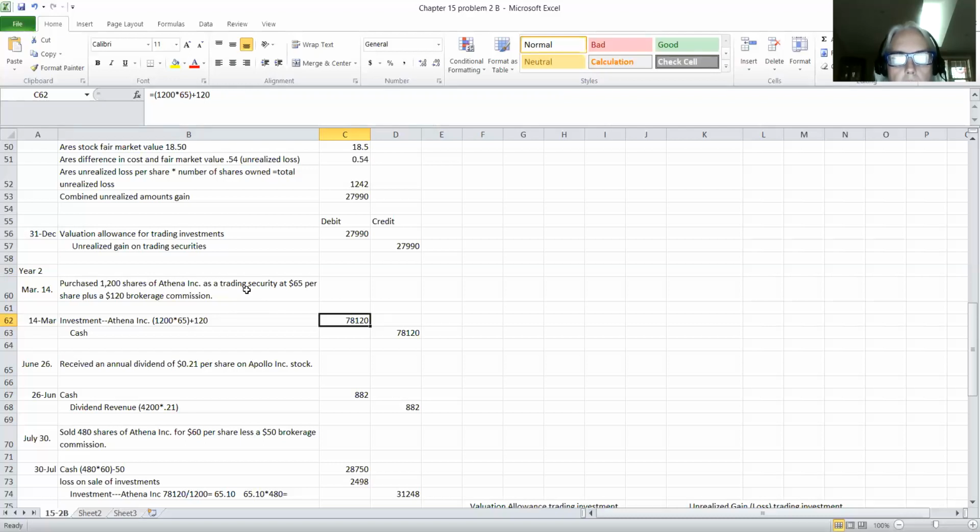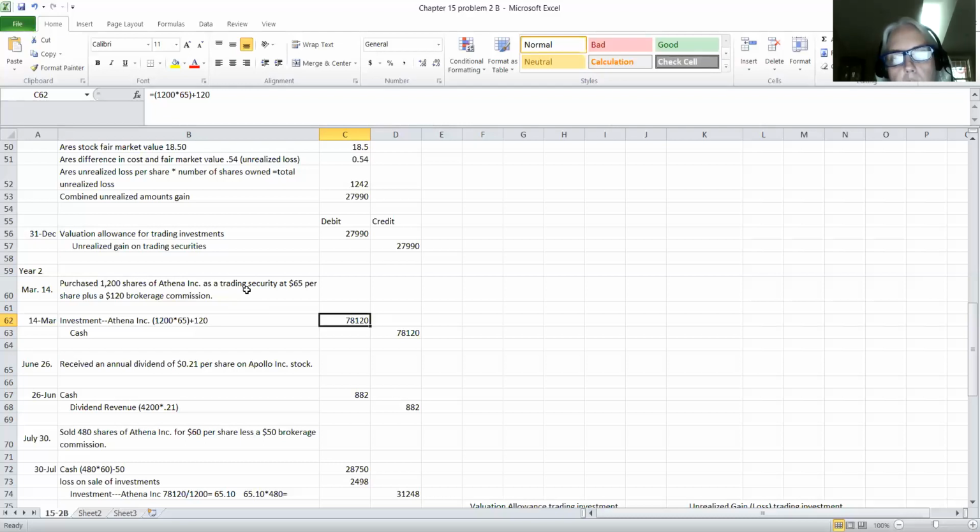If they're trading securities, we're buying them to make a profit in dividends, to get some dividend revenue. We also are thinking that the market price of the share of the stock will either go up or it'll go down. And so we buy the stocks as an investment. We're hoping that the market price of the share of the stock will go up so we can make money off the sale of the stock, as we did in one of the earlier transactions.